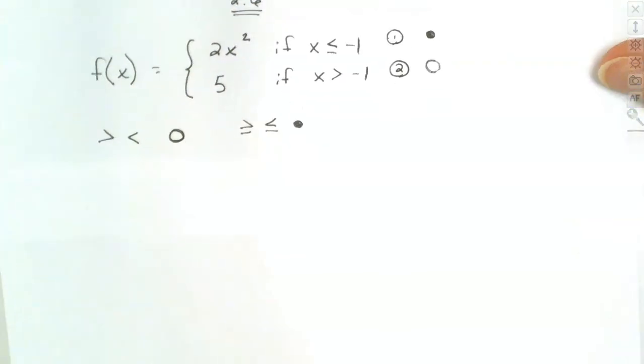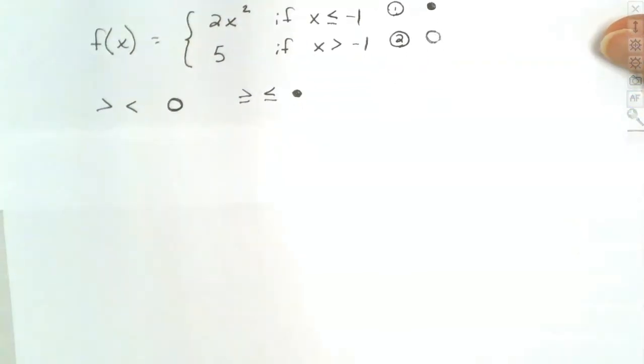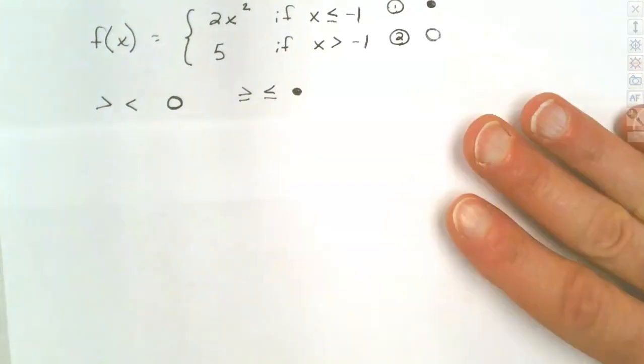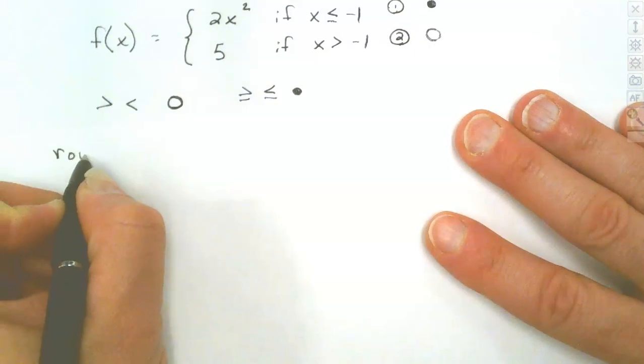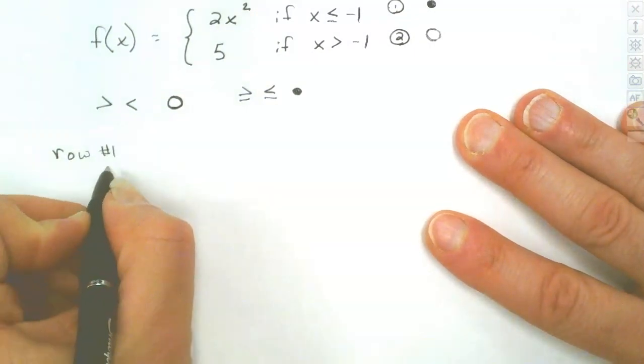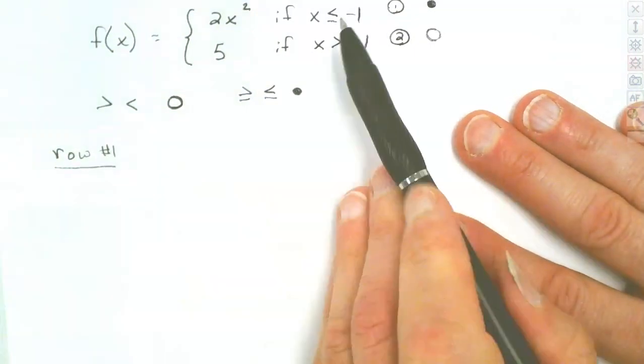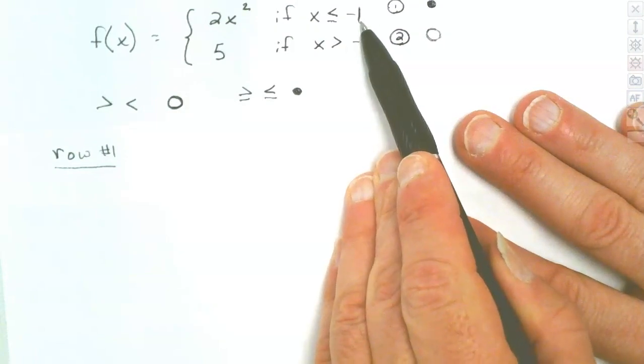And we want to get at least 2 points in each row. So we're going to start with row number 1. Now we always begin by plugging in the value that's given here first, and then we find another value after that as well.